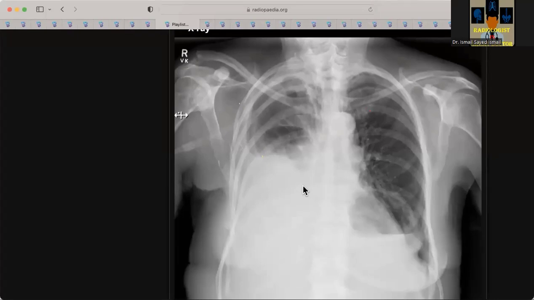Both costophrenic angles appear clear. There are no changes of pneumothorax. However, I can see multiple tubular air structures arising at the superior mediastinum, which could represent a pneumomediastinum. I will correlate with the patient history to see if there is any history of trauma or repeated forceful vomiting.